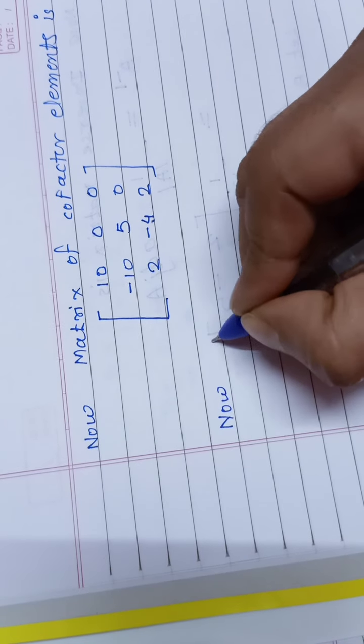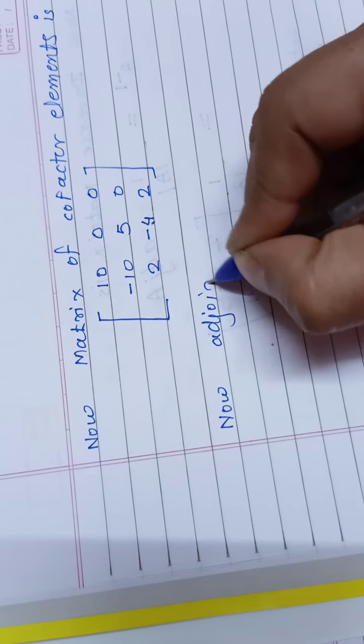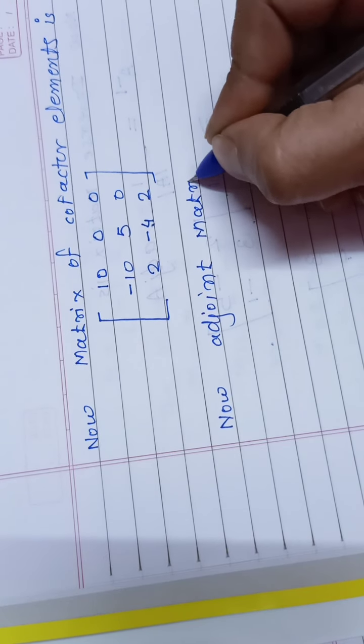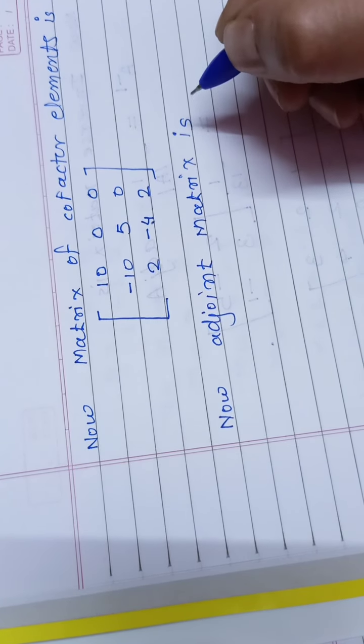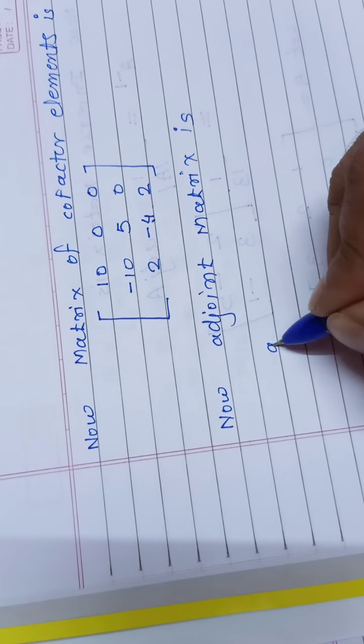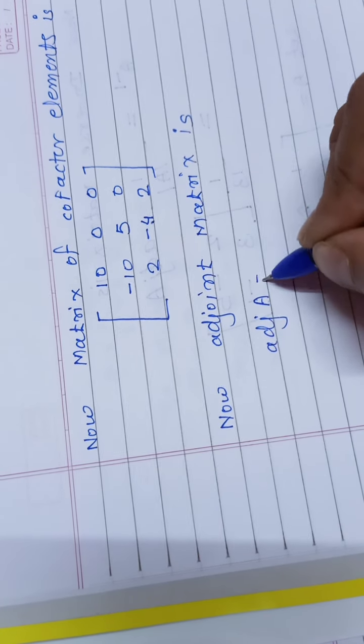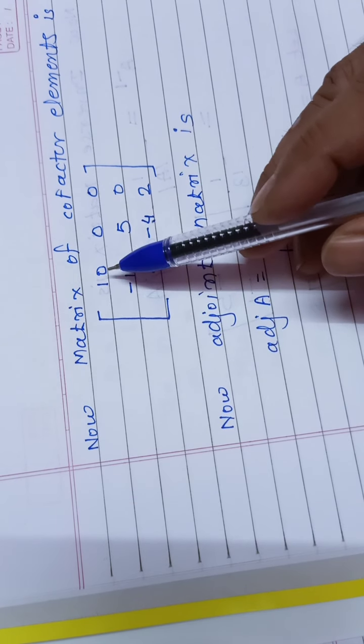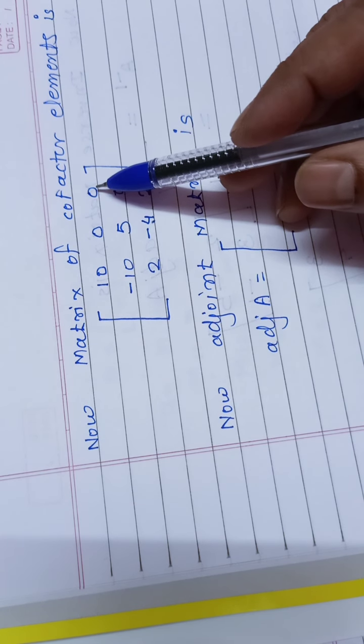Now the adjoint matrix is, so adjoint A is equals to, now you know already, arrange this row as a column wise.